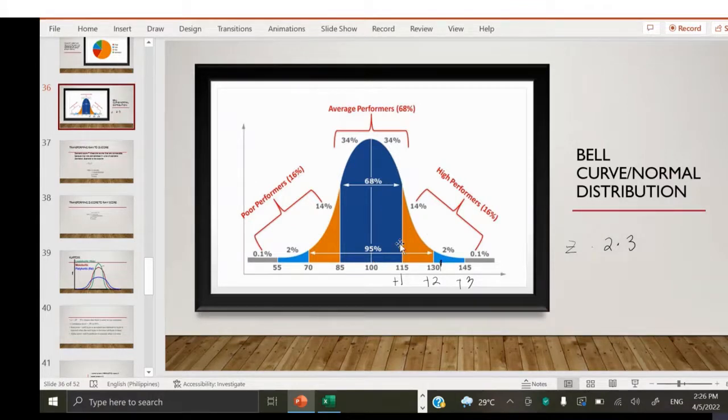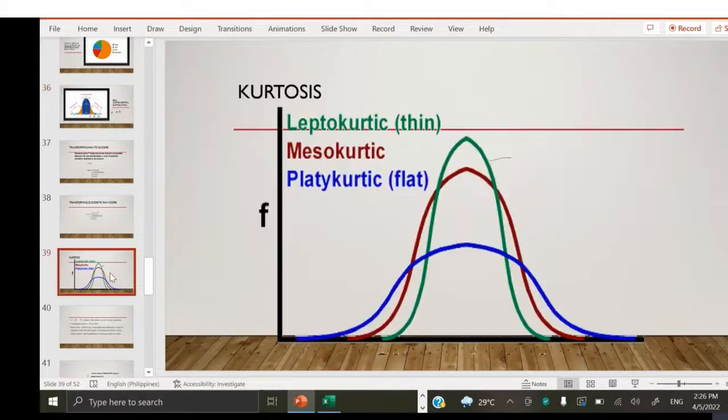If that is the case, there are implications for the statistical techniques that you would have to use, because you cannot use the mean as your measure of central tendency if your distribution is not normal. Maybe you can use the median instead, and you cannot use the t-test or the ANOVA if your distribution is not normal.